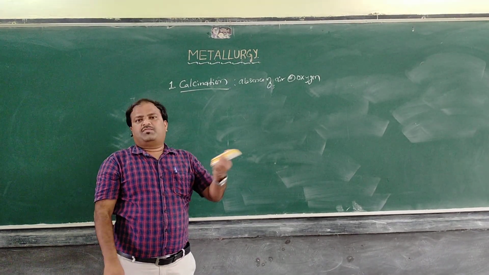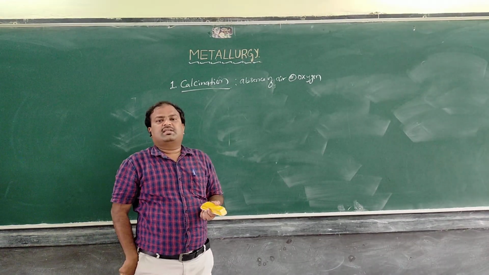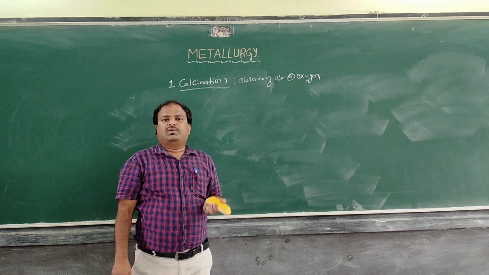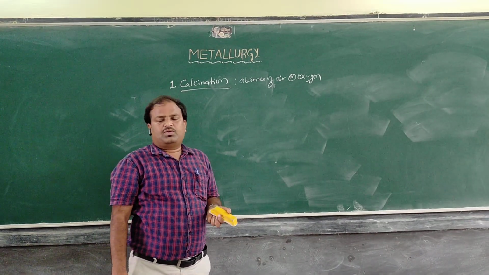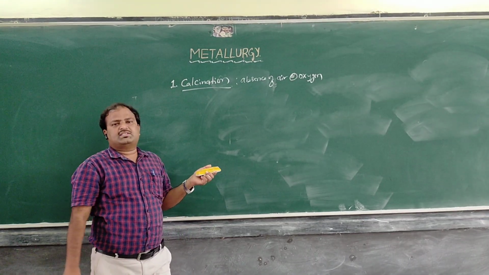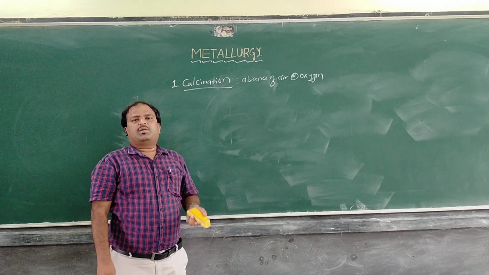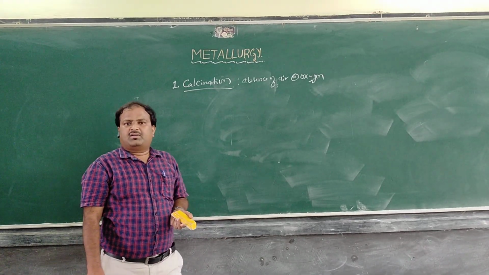That will be helpful for further processes. This calcination process is useful for carbonate ore, oxide ore and hydroxide ore. And carbon dioxide and water are produced along with the metal oxide.